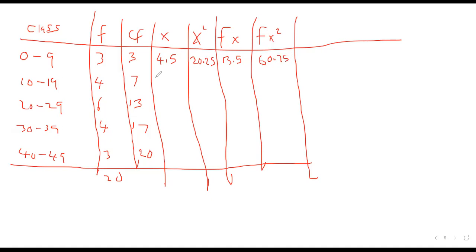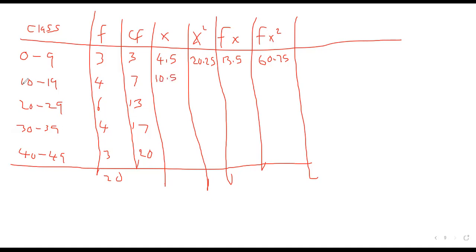So I ask, how do I get the answer here and here? As for x, you add the lower bound and upper bound and divide by 2.